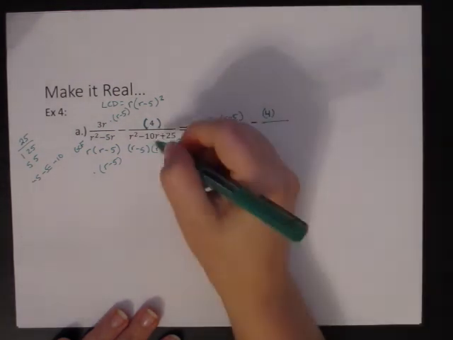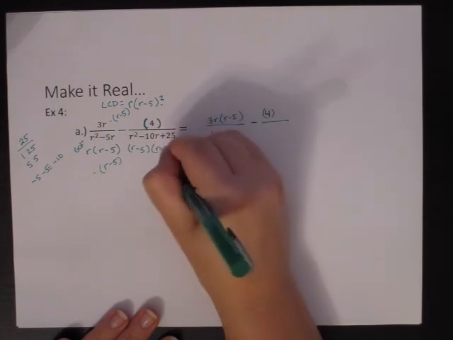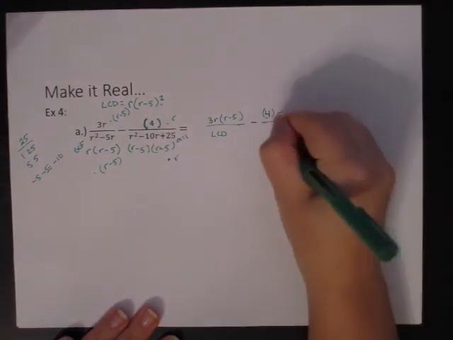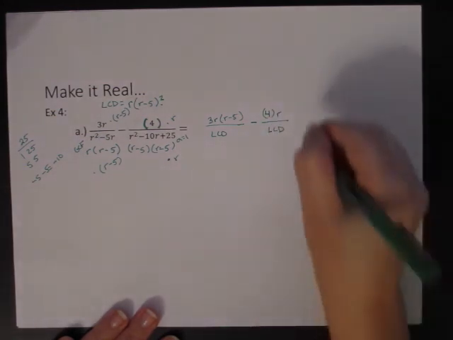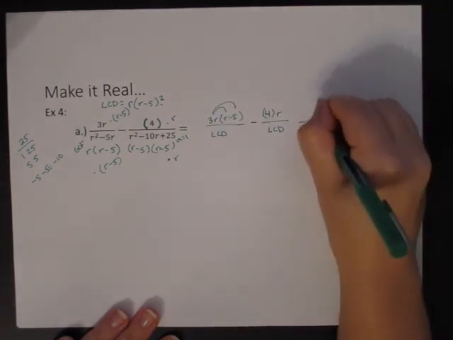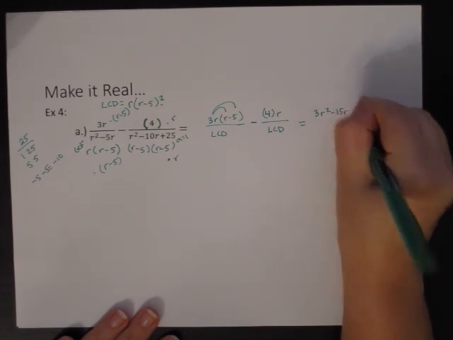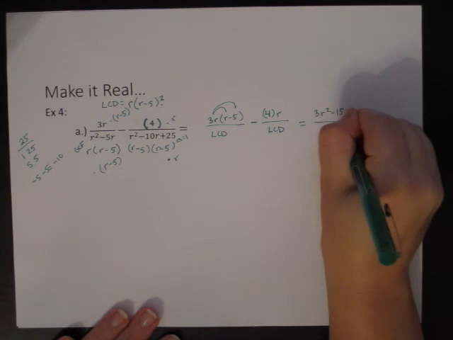Okay? And what is missing from this to my LCD? All that's missing is an r, so I'm going to multiply my bottom and my top by r over LCD. Okay? So now I'm going to distribute. So I've got 3r squared minus 15r, and then over LCD.